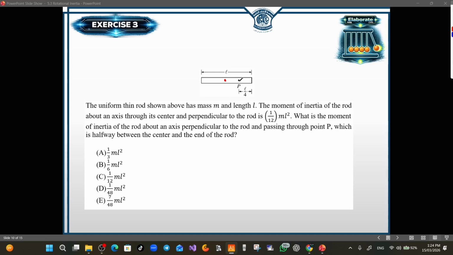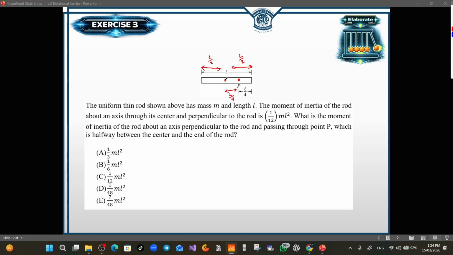So exactly here. Now if the rod has a length of L, then from the center to the edge is L over 2, and from the center to the other edge is L over 2. Now since P is located halfway, half of L over 2 will be L over 4 here and L over 4 there. And why did I calculate it in this way?